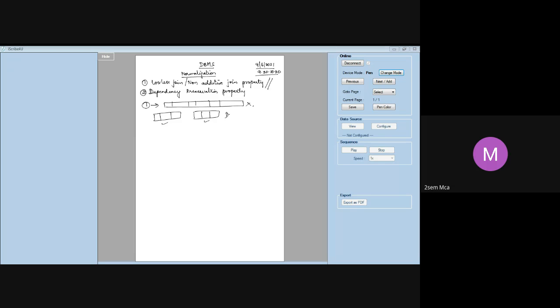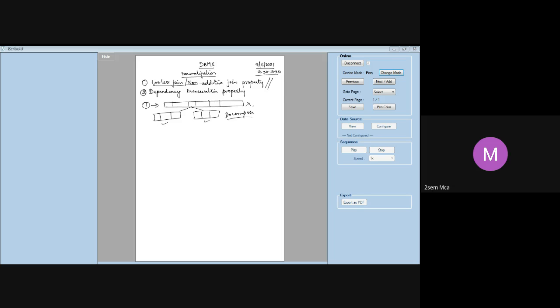That means you are trying to decompose this table into smaller parts. Decompose means you are trying to split the table. This table has got split into two parts.